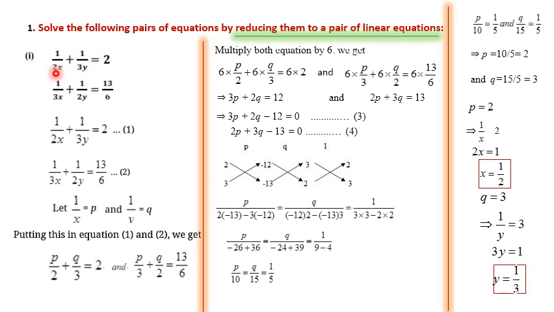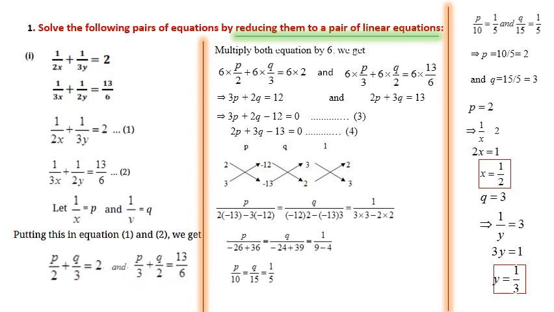The equation is not in the proper format, that you have to identify first. Means variables are in the denominator. Here x, y, here also x, y, variables are in the denominator. So we have to assume the fractions, that is 1 by x as p and 1 by y as q. Just substitute those p and q in the equation and make it into proper format.